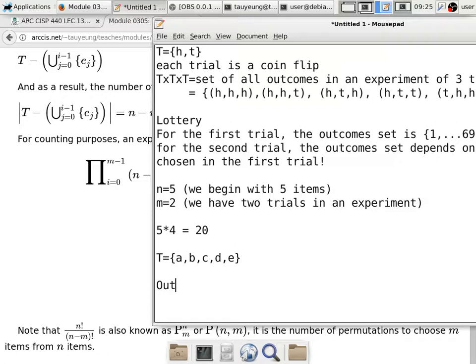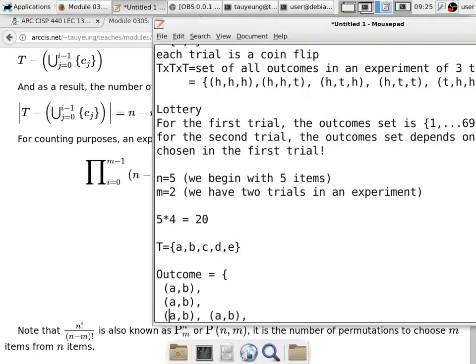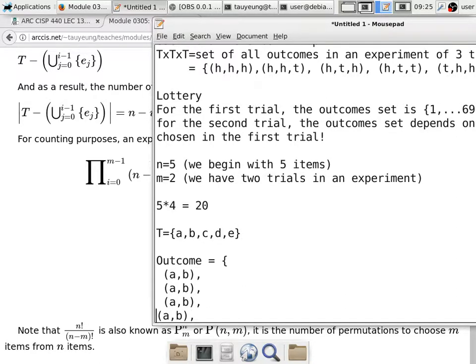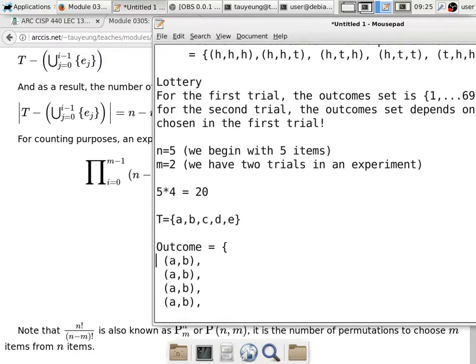The outcome set for the experiment is now the 2-tuples. You have A pairing with B. I'm going to do it this way so it's easier to copy and paste. It didn't quite paste the new line. There we go. So now we have AB, AC, AD, AE.